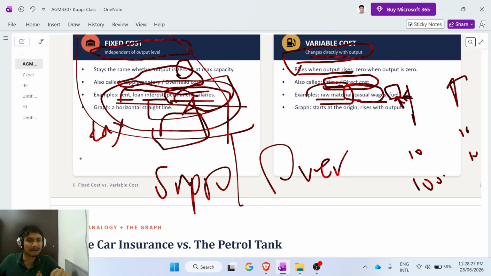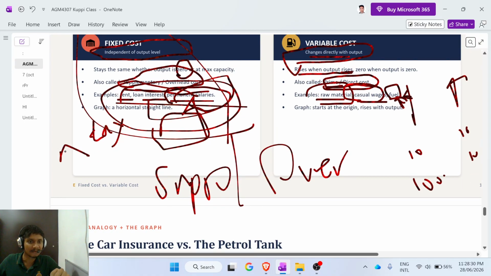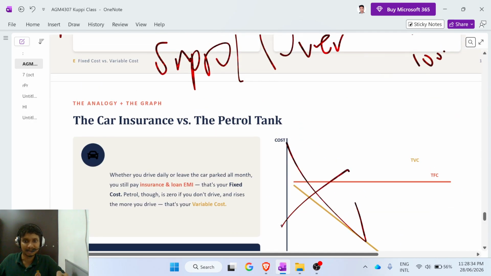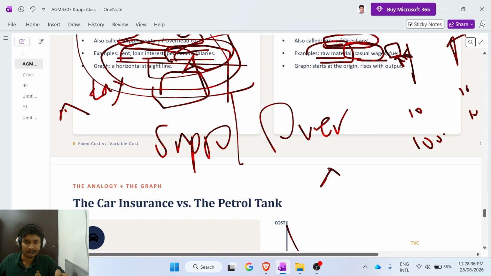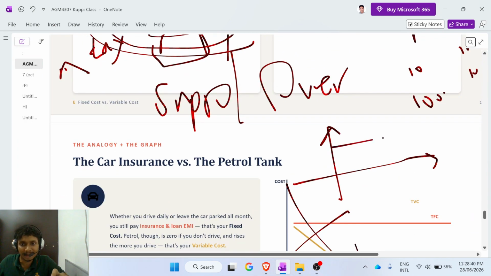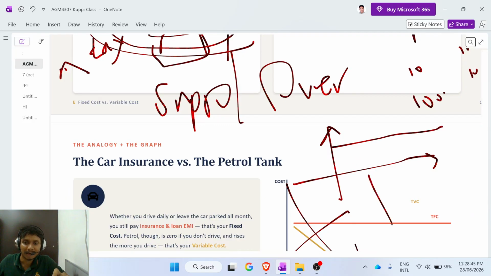Here, in fixed cost and variable cost, we can discuss. Fixed cost will be constant. Variable cost will increase with output.